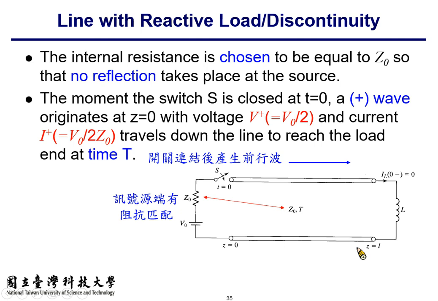Because the inductor is not connected at the beginning. Once it is fully charged, it becomes a short circuit. So what is the steady state voltage and current at this point?